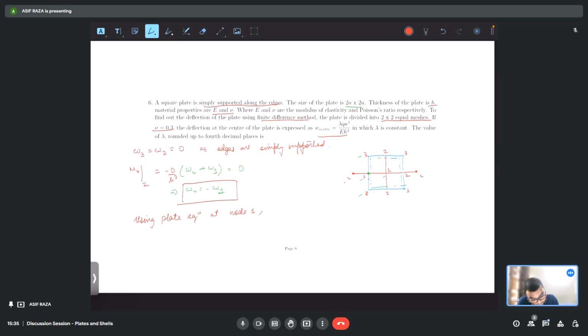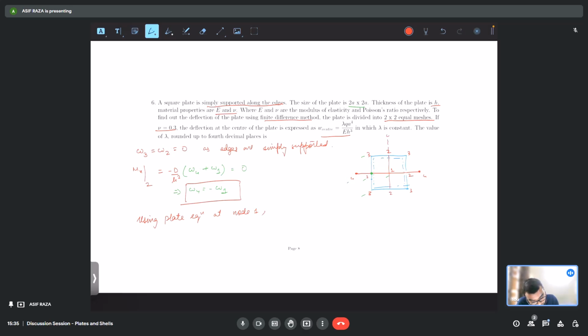So likewise we will be having this 4 here, 4, 4. Okay, so when we keep that here, let's do this on the next page.